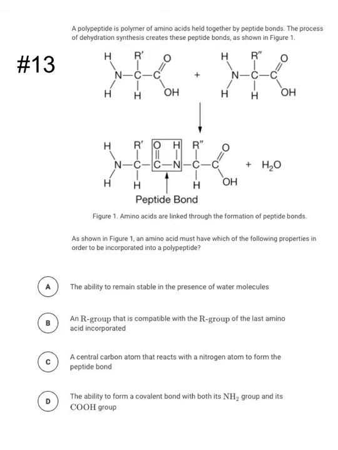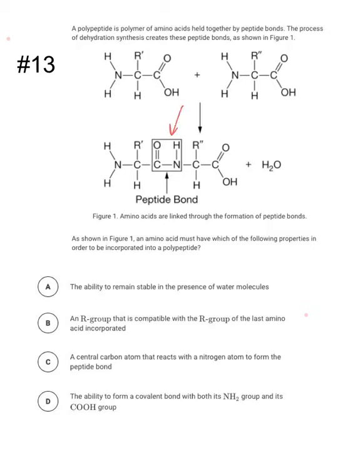Number 13, a polypeptide is a polymer of amino acids held together by peptide bonds. Here we're looking at dehydration synthesis creating these peptides. The question is, as shown in figure 1, an amino acid must have which of the following properties in order to be incorporated into a polypeptide? Right, and this question is really asking what parts of an amino acid allow it to form a peptide bond, okay?